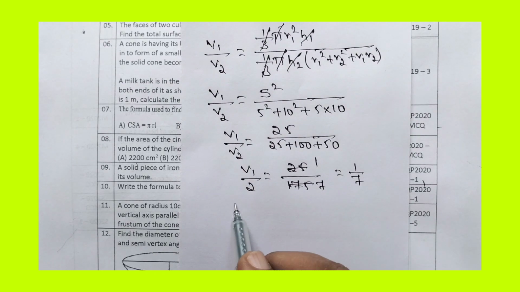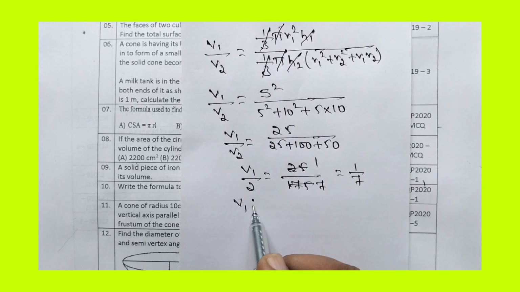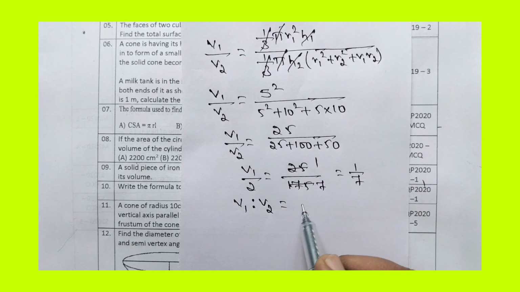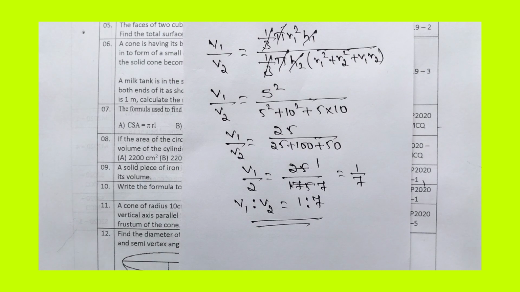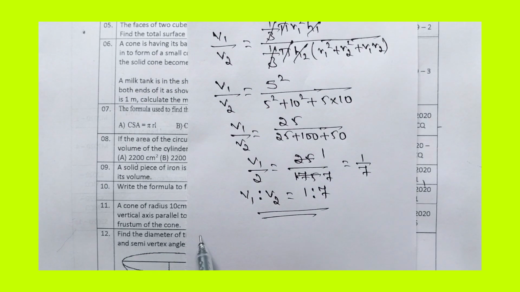Therefore what is the ratio of their volumes, V1 is to V2 is equal to 1:7. So like this we have to calculate the ratio of their volumes. Like this we have to answer for this question.